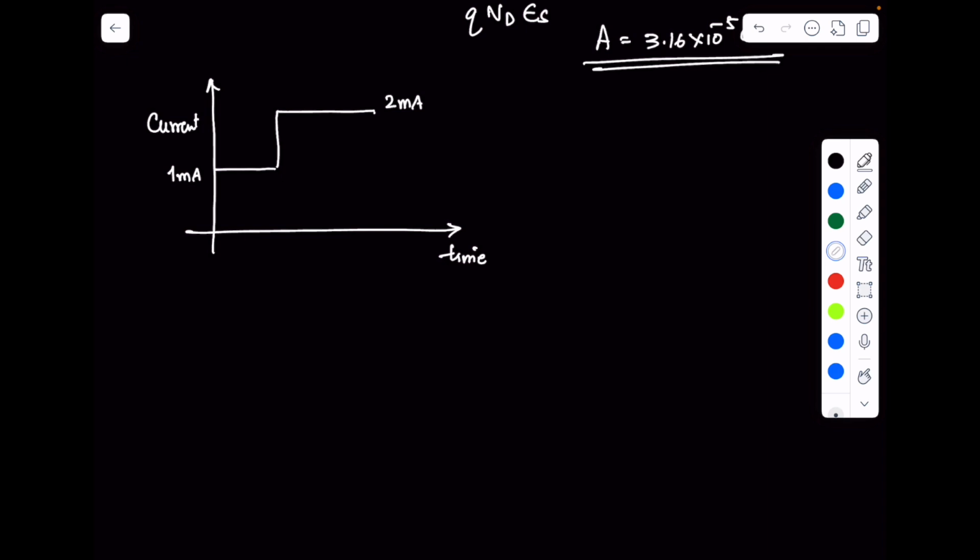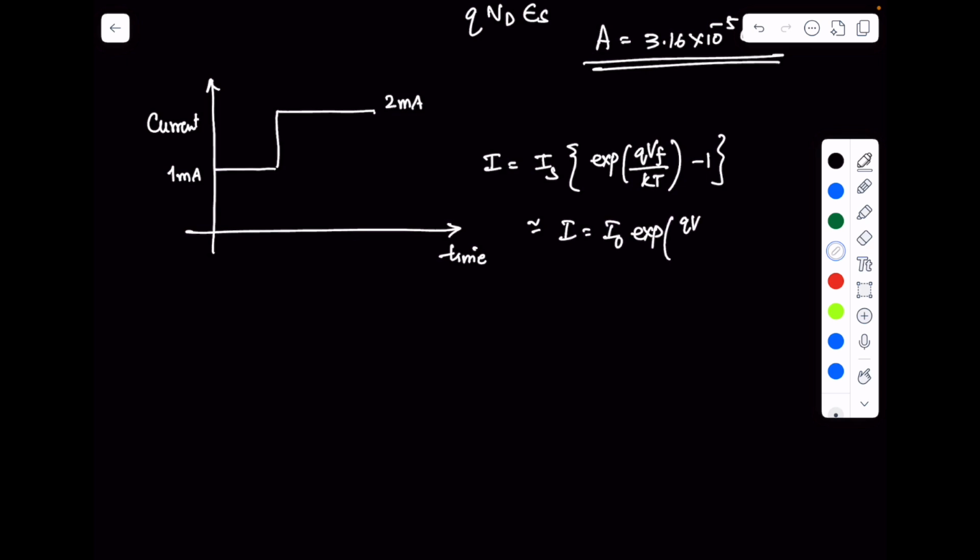So let's think about the diode. The diode current very simply is I is Is, Shockley equation, exponent of QVF by KT minus 1, right? And in our case we can approximate this as I as I naught exponent of QVF by KT, because we're talking about large currents and forward biases.